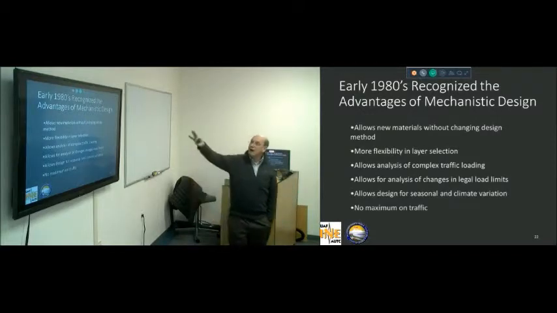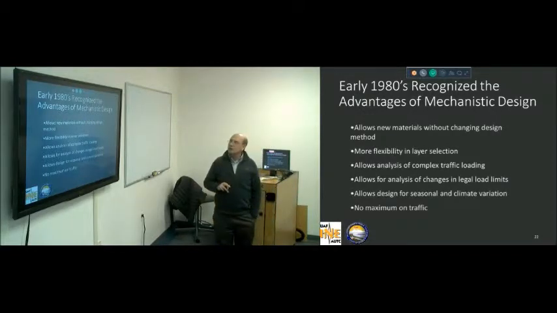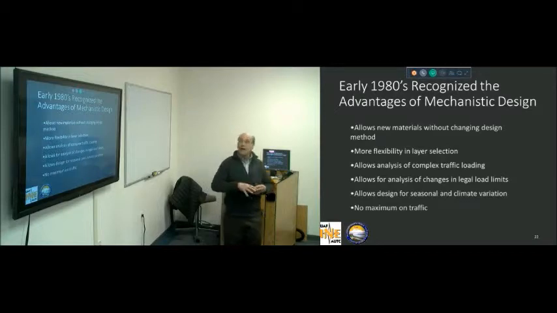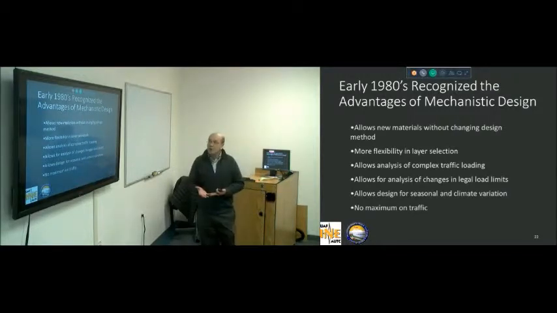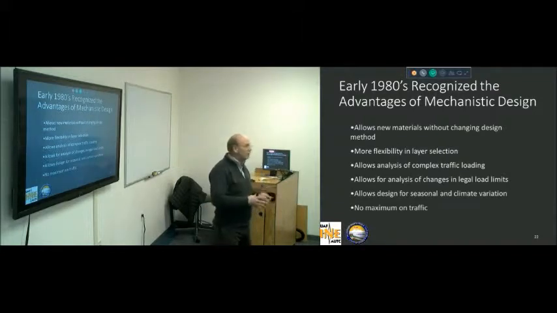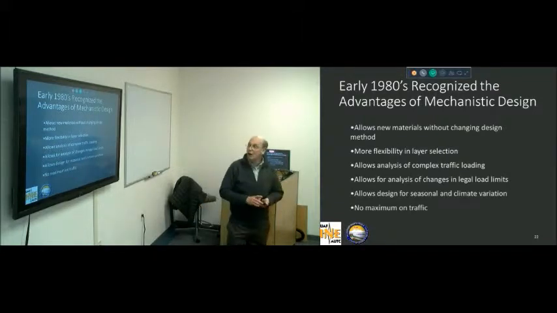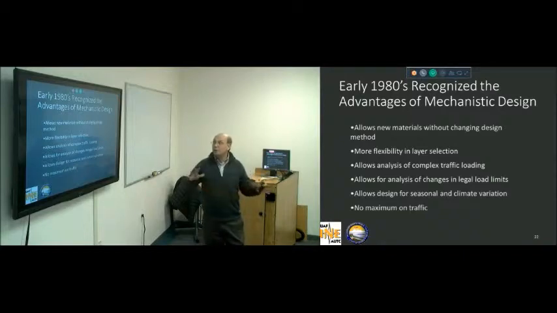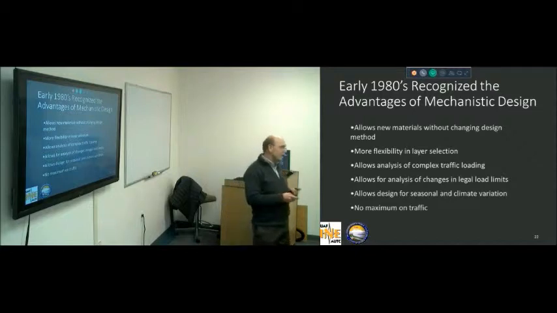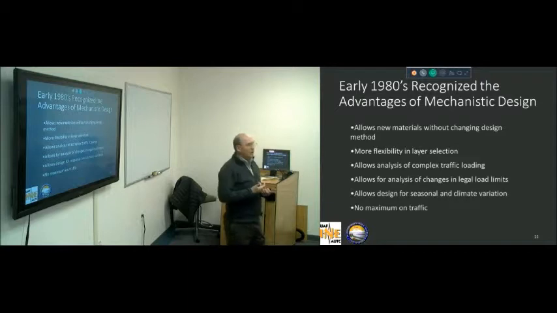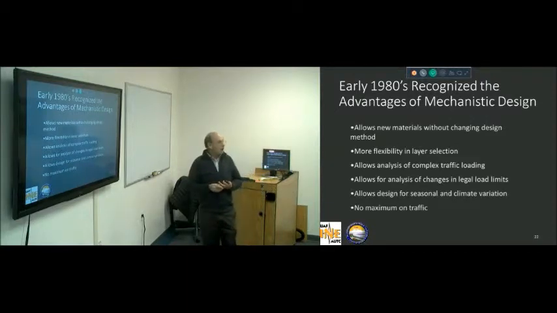Okay, so in the 1980s we started moving into mechanistic design because it allows us to use any material without changing our design methodology. As long as we can define how the material performs, we can use it. Mechanistic design is much more flexible in our layer selections than the excess fines method was. We can look at much more complex traffic loadings, and oftentimes I've done analysis to look at what would happen if we increased the legal loads on our pavements or did not put load restrictions on.